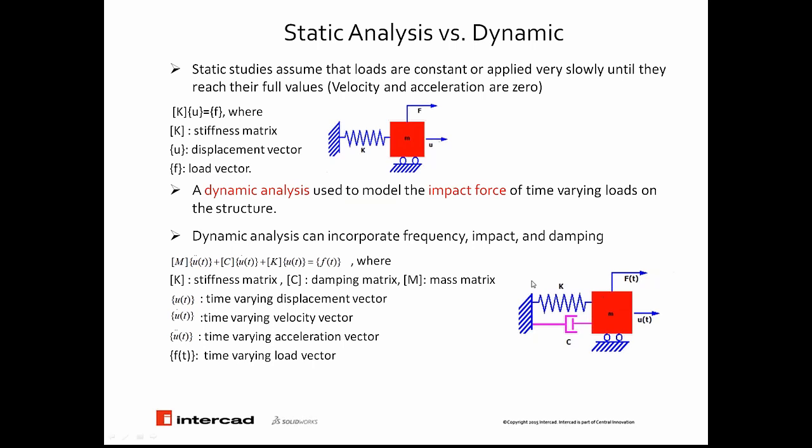If you look at the figure, we have the same system, we have a damper, we have K, and we have force and displacement varying with time. So in any dynamic analysis, force is time dependent, therefore displacements are time dependent as well.